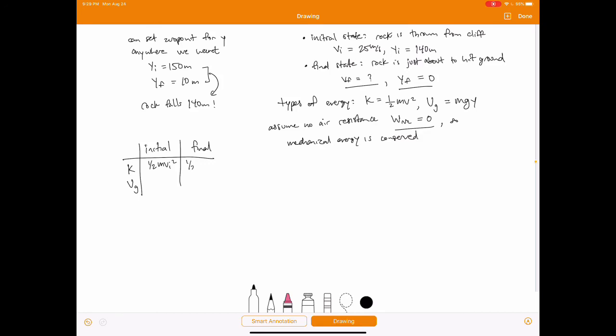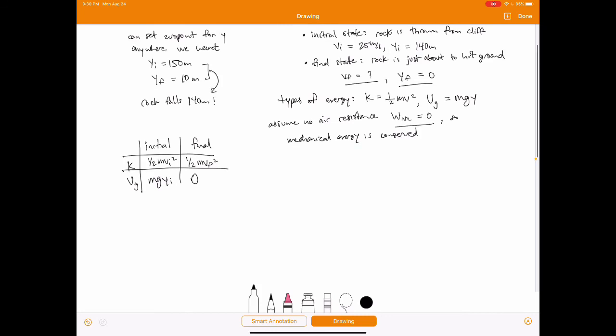And in the final state, we have 1/2 m v final squared. Okay, for gravitational potential, we have m g y initial. And we could write m g y final here, but y final is 0, so just put a 0 for the final potential energy. That's our table. When we add up these two energies in the initial column, that's E initial. When we add up these two in the final column, that's E final.